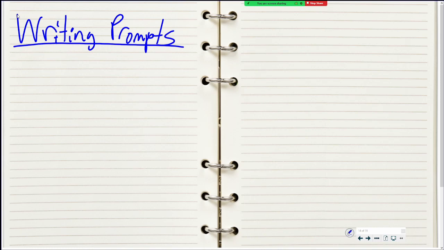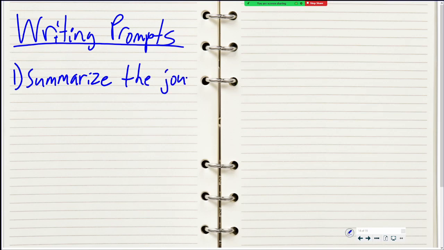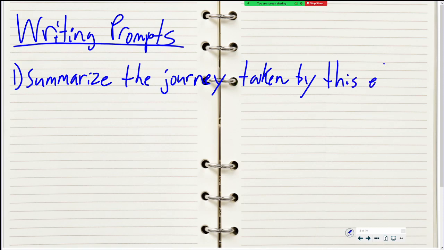Or you'll be asked to read a selection, like an article, like we're going to read together now, and then you'll be asked to do a writing prompt that's based off of that article. So this one's going to be: summarize the journey taken by this elder. So it's about an elder. We're going to learn more about her momentarily. So that could be a writing prompt.